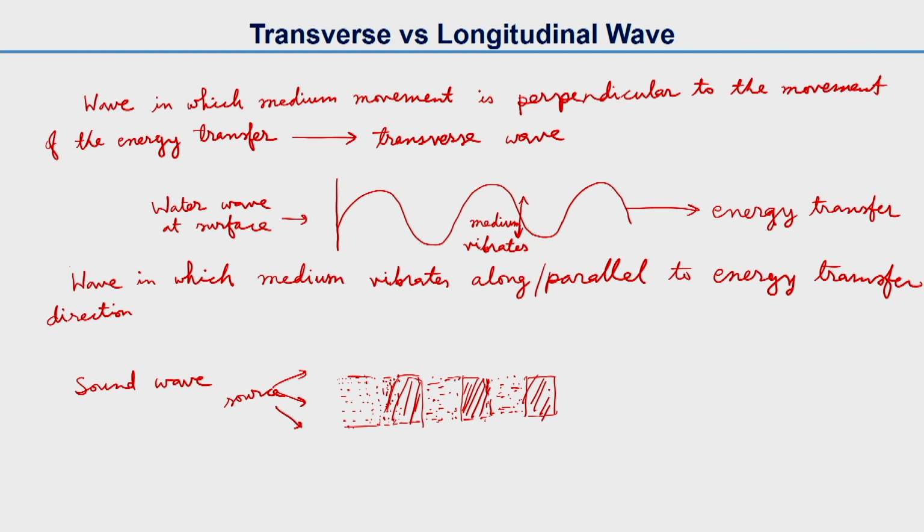The low-density regions are called rarefaction, R-A-R-E-F-A-C-T-I-O-N, and the high-density regions are called compression.